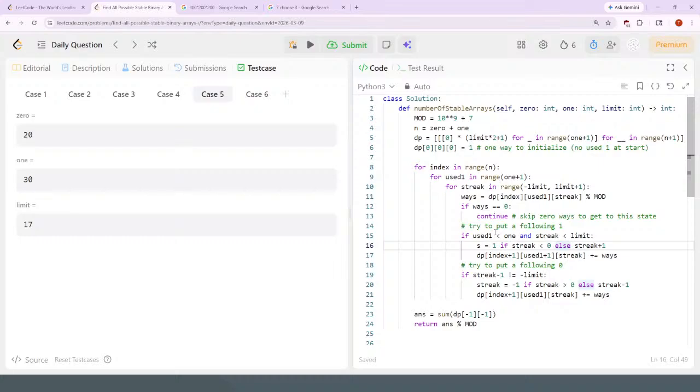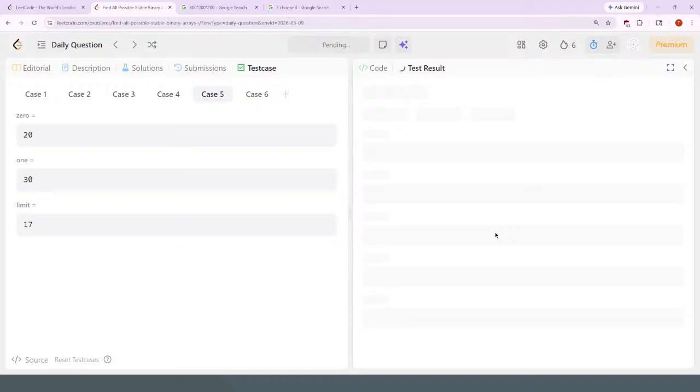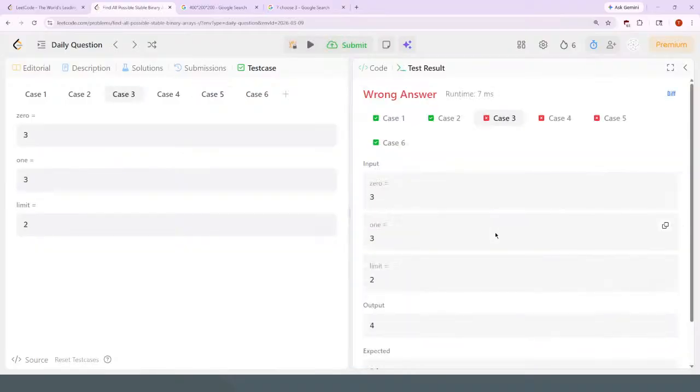S equals 1 if streak is less than 0, else s equals streak plus 1. Use s here. And then s equals streak minus 1 if streak is greater than 0, else use streak minus 1. Alright, hopefully this is the error fix.